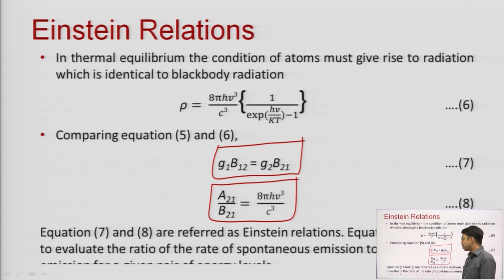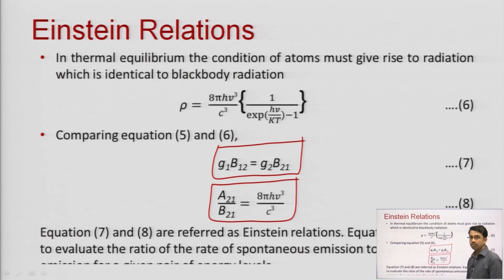Equation 8 enables us to evaluate the ratio of the rate of spontaneous emission to stimulated emission for a given wavelength of light, for a given pair of energy levels. What is this? This is constant for spontaneous emission and this is constant for stimulated emission.